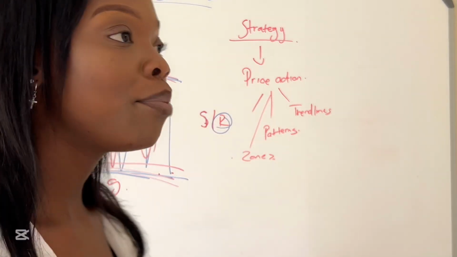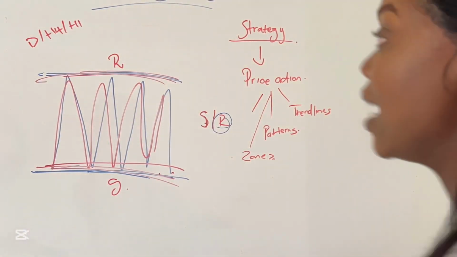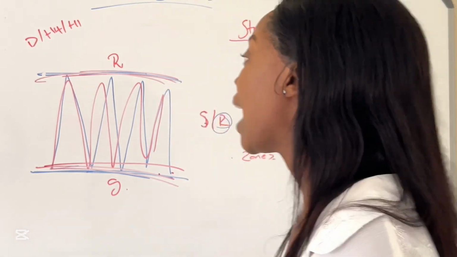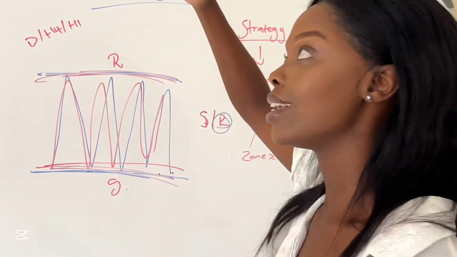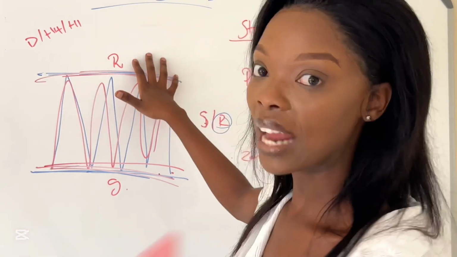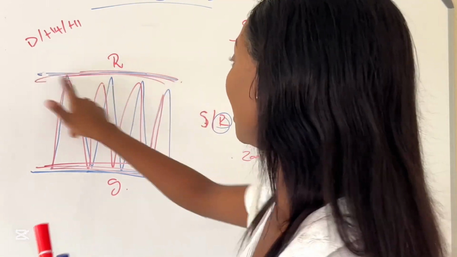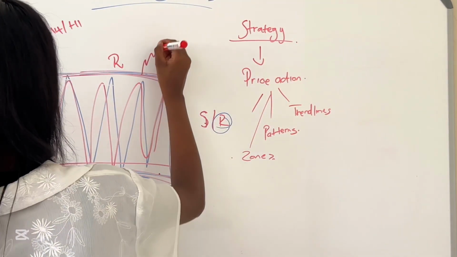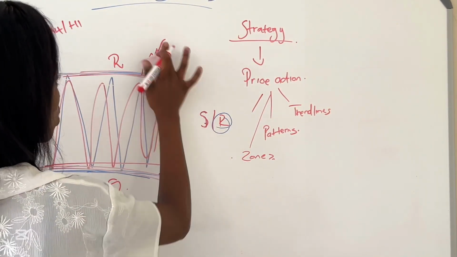So how do I practice drawing support and resistance? Tilt the screen of your phone if you are using a phone and look for the highest level. When I say highest level, I mean after this level, there's no other movement.